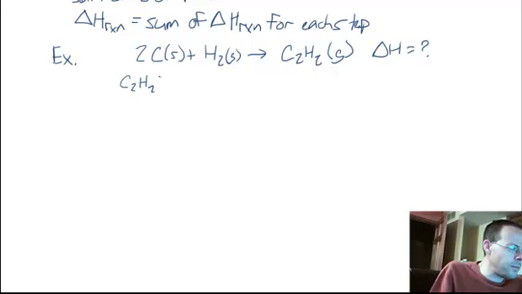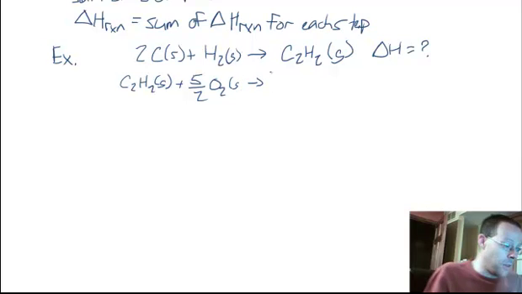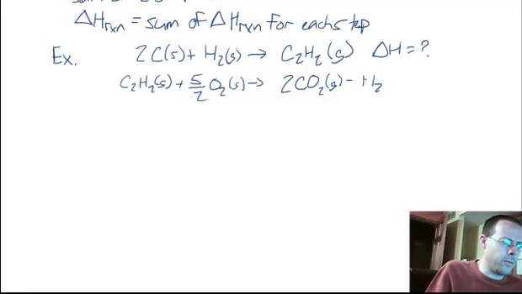C2H2 as a gas plus 5/2 oxygen as a gas yields 2 carbon dioxides, which are gases, and water as a liquid.